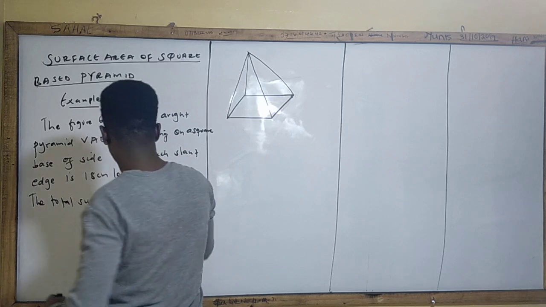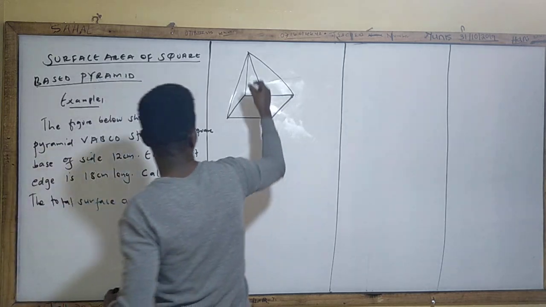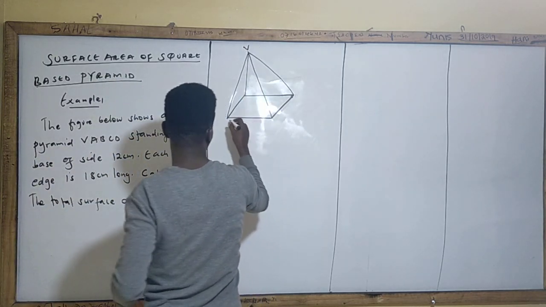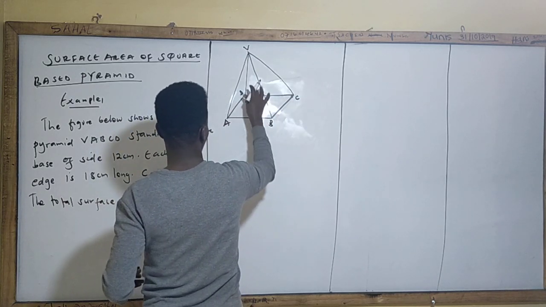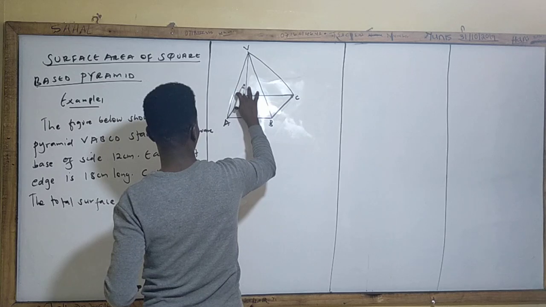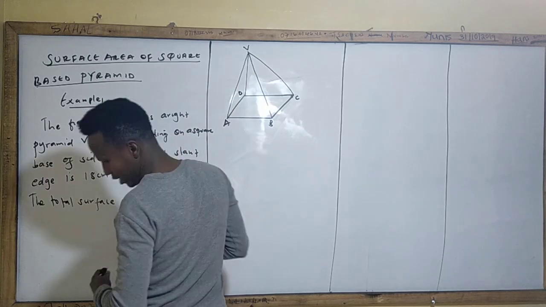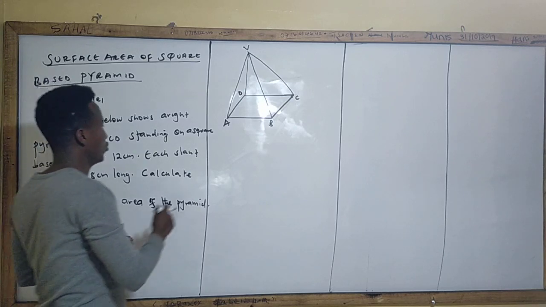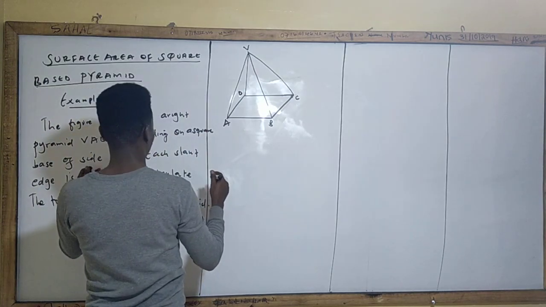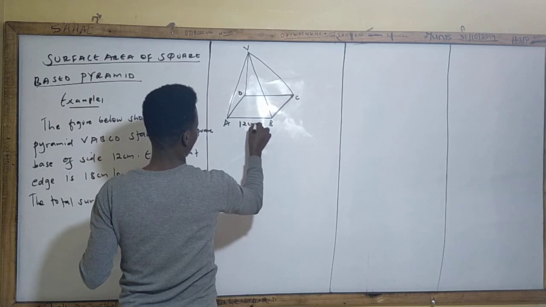They're saying the name is what? This is V. Then let's say A, B, C, and D. This should be D. So it is a square base of side how much? They're saying side 12 centimeter.